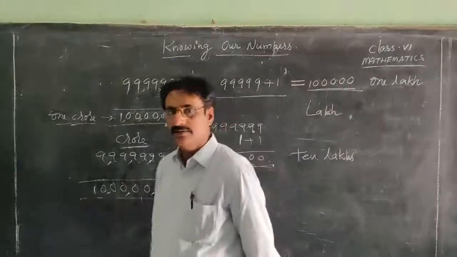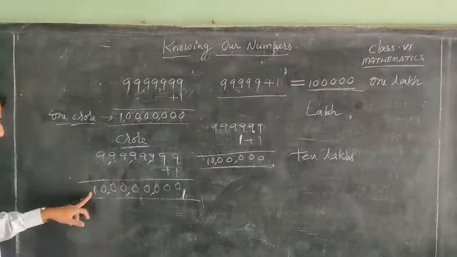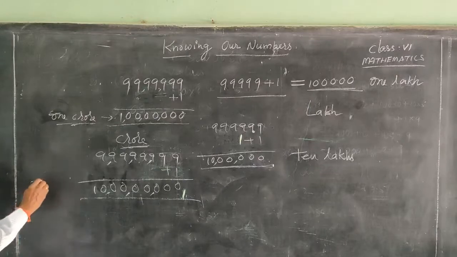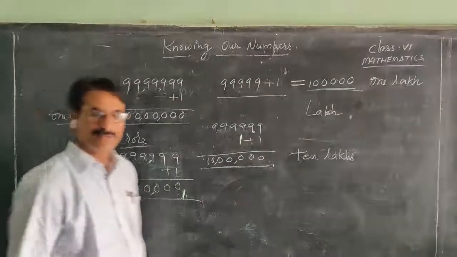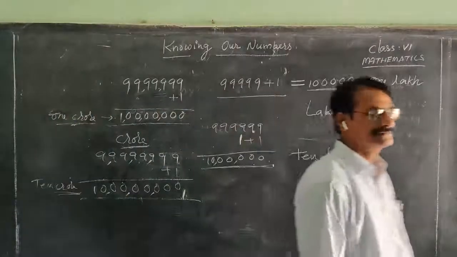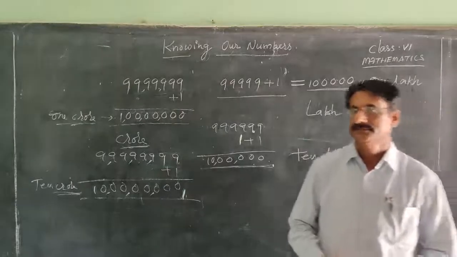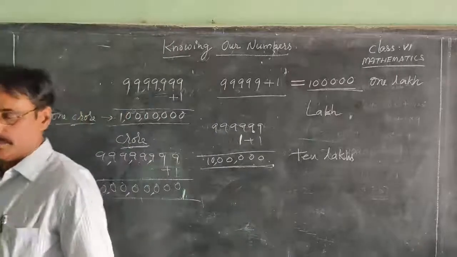The place is called 10 crore. There is 1 in this place, so 10 crore. Number 10 crore. The crore is the highest place value here. Say both crores.